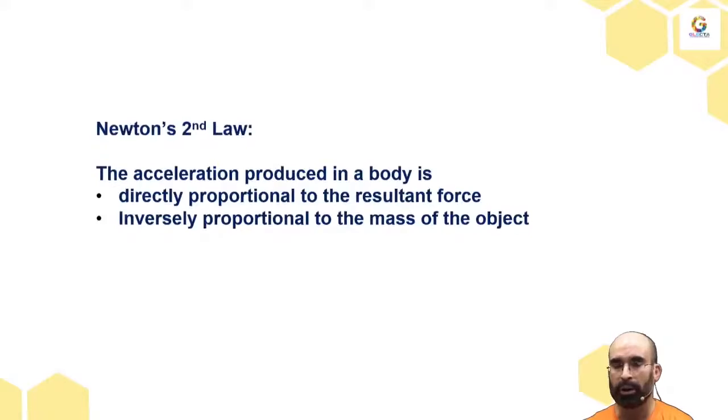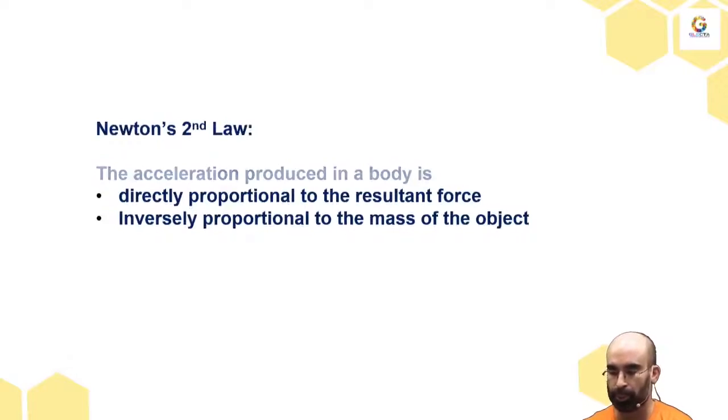So let us quickly recall what is Newton's second law. According to this law, the acceleration produced in a body is directly proportional to the resultant force and inversely proportional to the mass of the object.